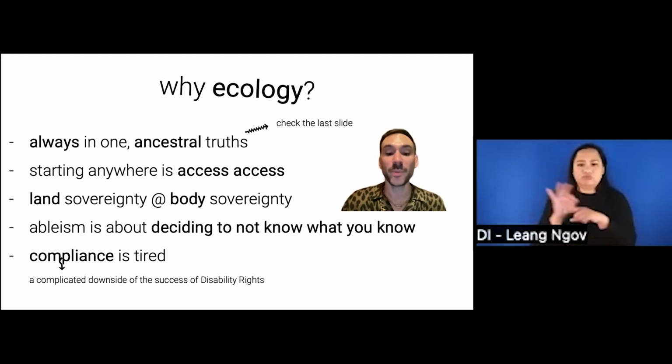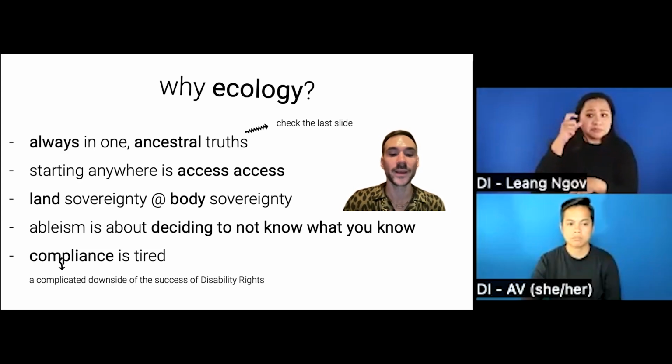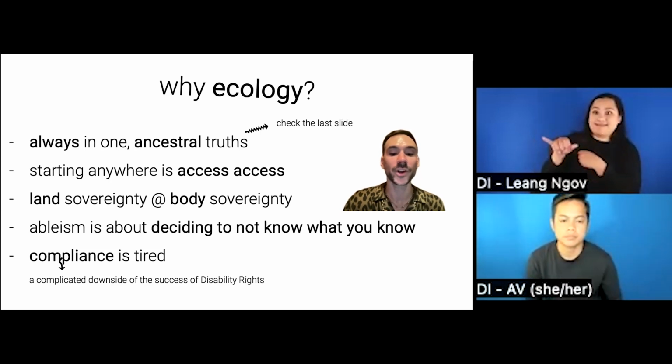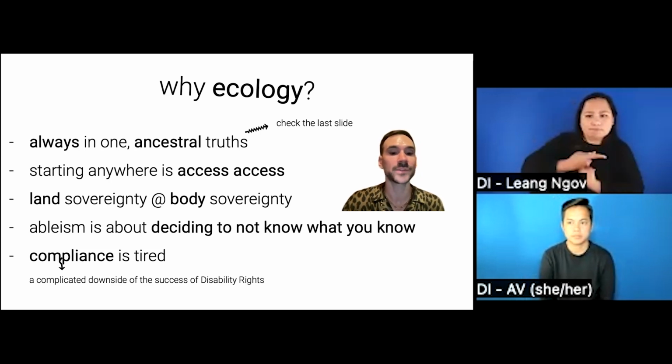I might even propose that the wisdom we get from our ancestors, when we can get it, is about access ecologies. How to stay safe, where to go to take care of ourselves, how to accept care, how to give it.